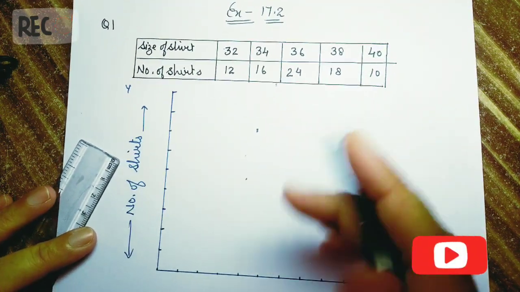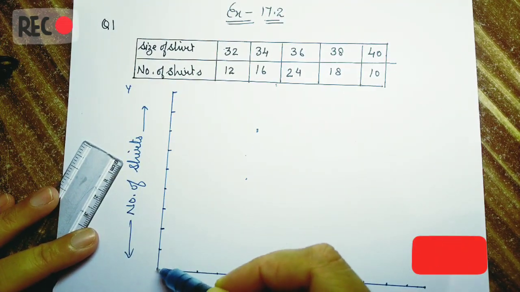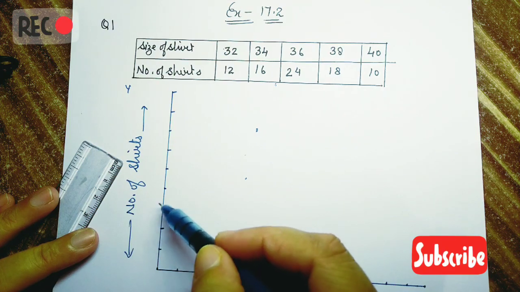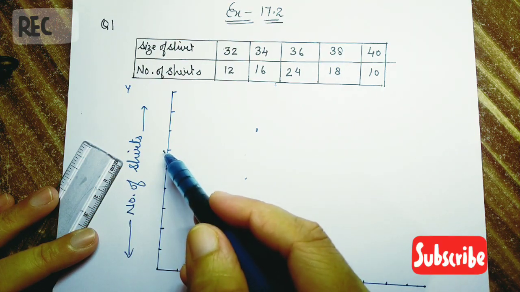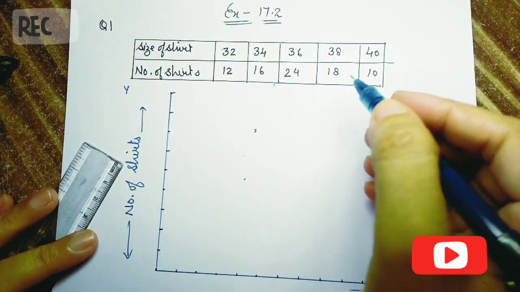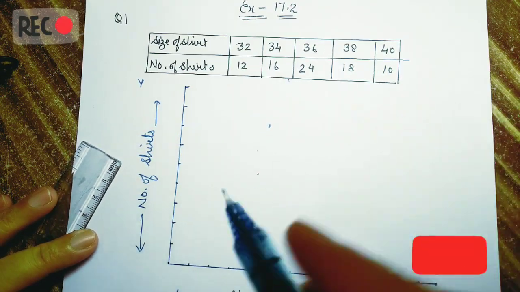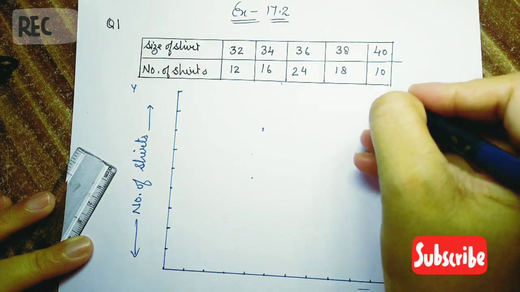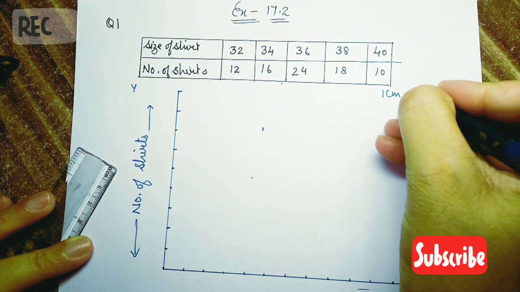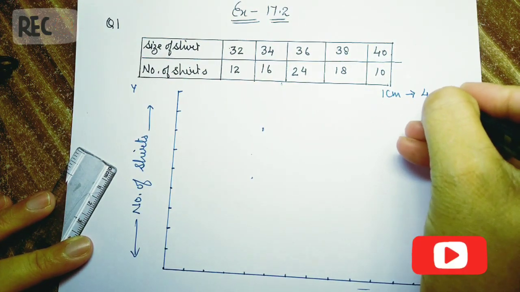So we can take 1 centimeter for 2, 4, 6, 8, 10, 12, 14, 16, or otherwise we can take 4. So let's write here: 1 centimeter represents 4 shirts.